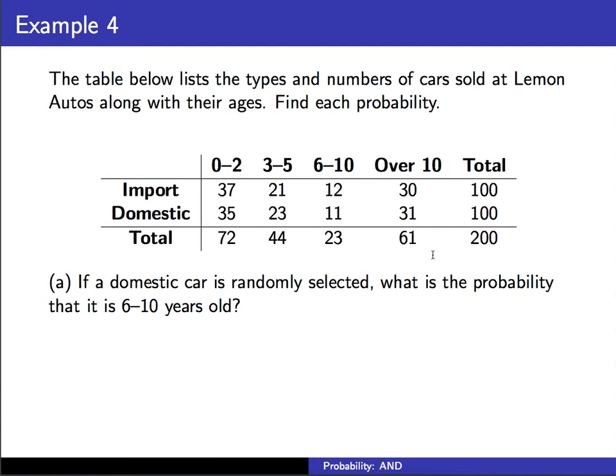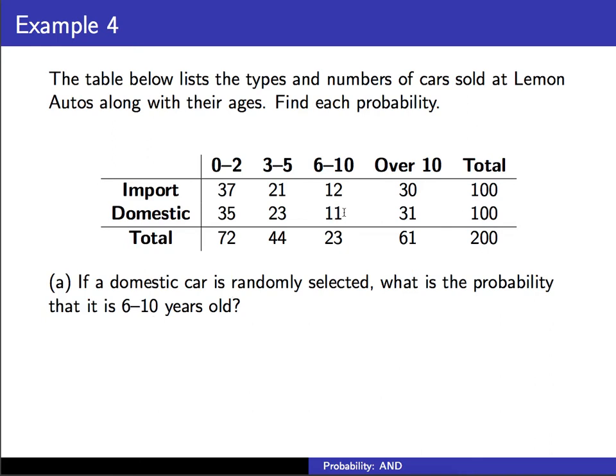All right, let's start example 4, part A. If a domestic car is randomly selected, what is the probability it's between 6 to 10 years old? Our key word to hunt for is "if." The event that follows the word if is a domestic car is randomly selected. So we want to find how many total domestic cars there are on this lot, which is 100. Out of these 100 cars, what are the chances we get one that's between 6 and 10 years old?